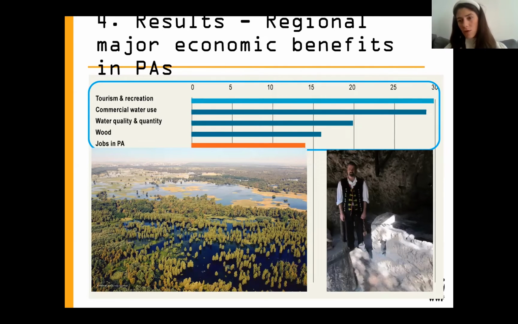This was also a learning opportunity for local communities about ecosystem services, but this is something that should be taken into consideration while working with the PA staff and the local communities in the future.